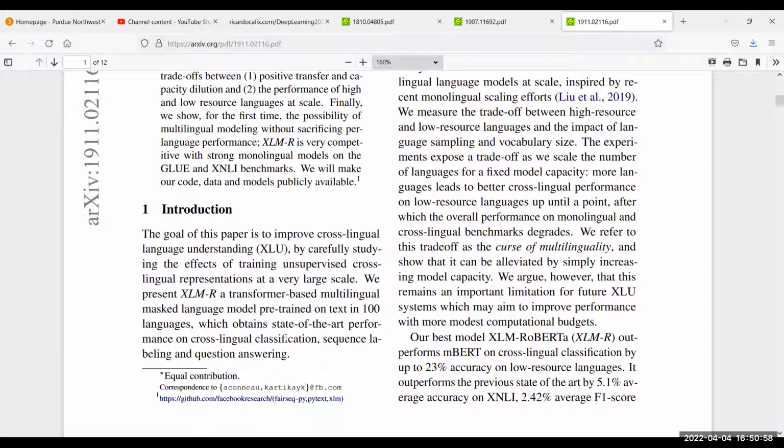But really, this paper is not that much different. I really just wanted to point out that it's bigger, basically. And I wanted to show you that it was trained on different languages. So it's basically the same idea, right?